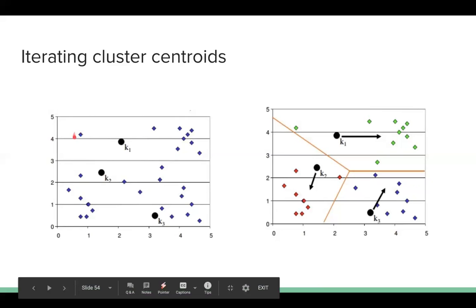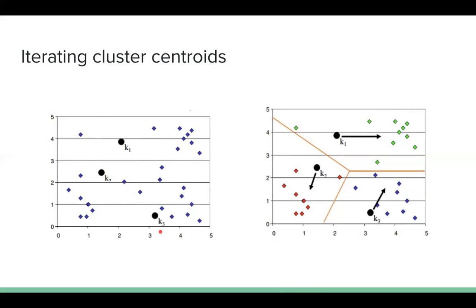Let's say for this particular point, I am calculating the distance to k1, k2, and k3, but I find that this point is closer to k1. Then I'll map this point to this cluster. Similarly, I'll take another point and calculate whether it is closer to K1, K2 or K3. If it is closer to K1, I'll map it to the K1 cluster.